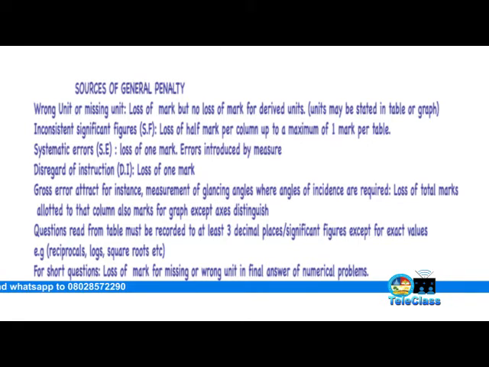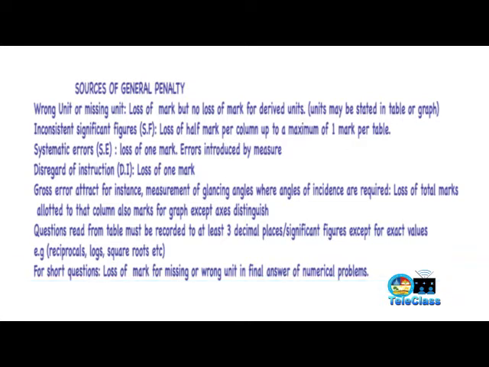For instance, you are asked to measure glancing angles, and you measure angles of incidence. So you lose the whole marks allotted to that column. And also for the graph, you lose mark for the graph except for axis distinguished. So you have to be very careful. Follow instructions as they come.